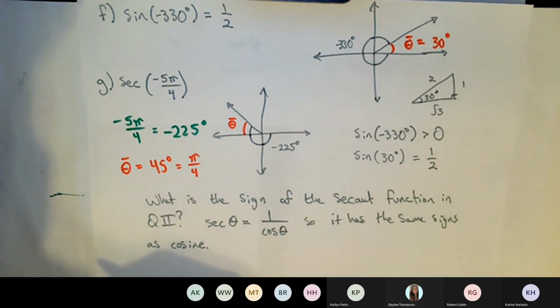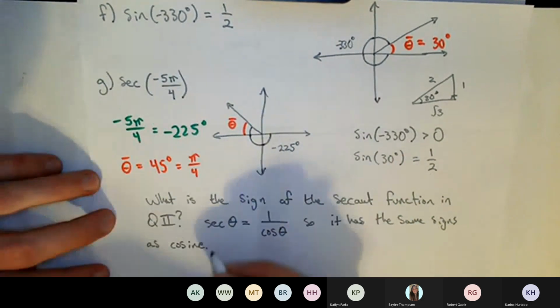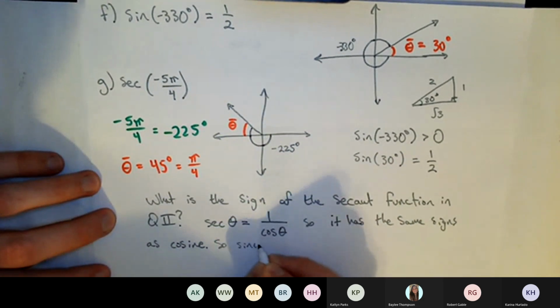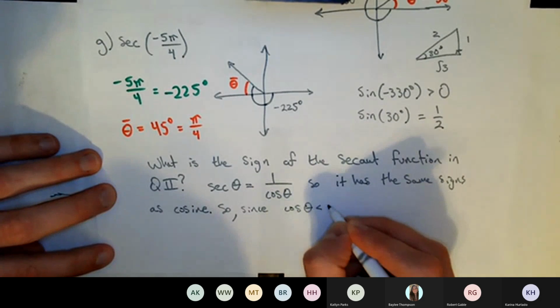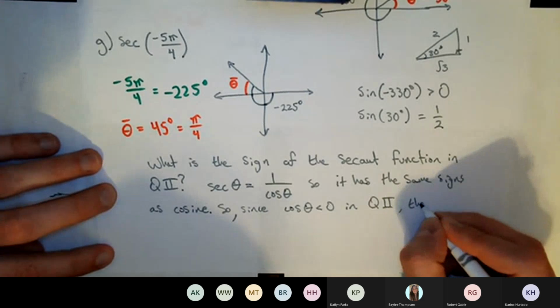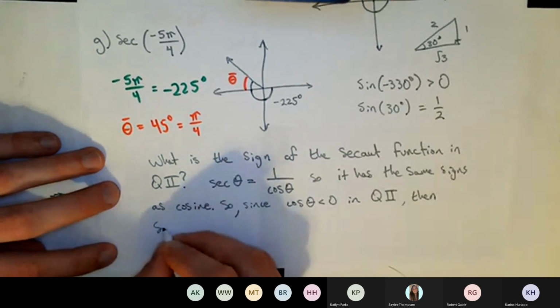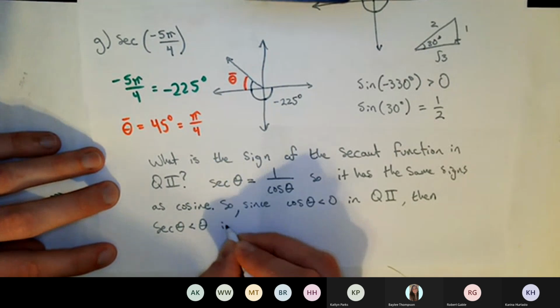Cosine is controlled by the sign of the x values, which are negative in quadrant 2. So since cosine of theta is negative in quadrant 2, then secant of theta is negative in quadrant 2.